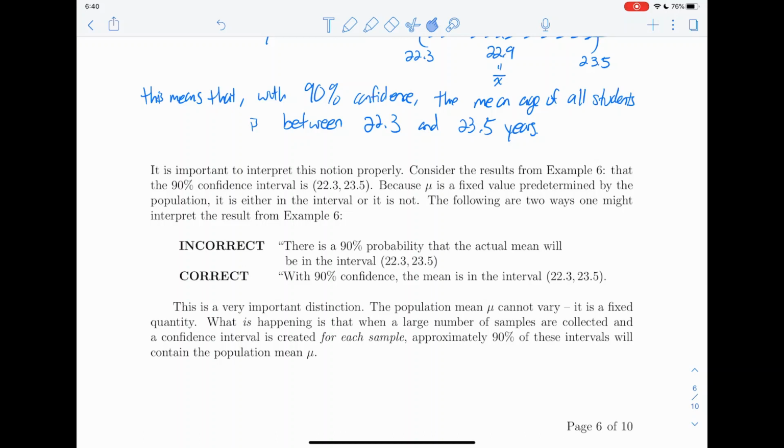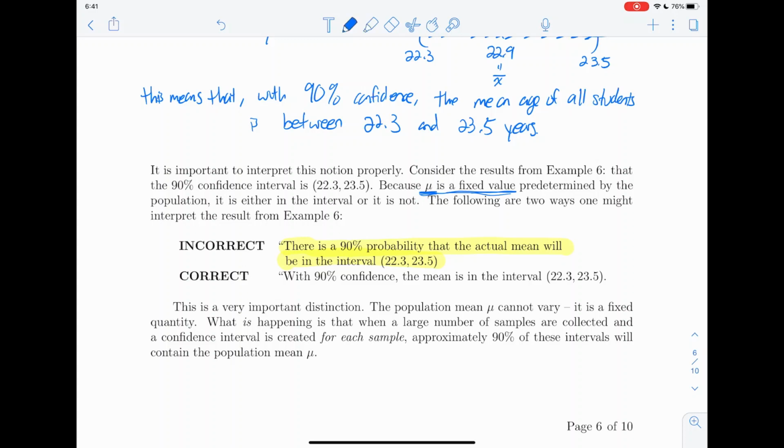What we've determined here was that the 90% confidence interval was 22.3 to 23.5. But again, as we've been noting throughout this conversation, mu, the population mean, that's a fixed value. It doesn't change. So where some people might be inclined to say something like, there is a 90% probability that the actual mean will be in this interval.